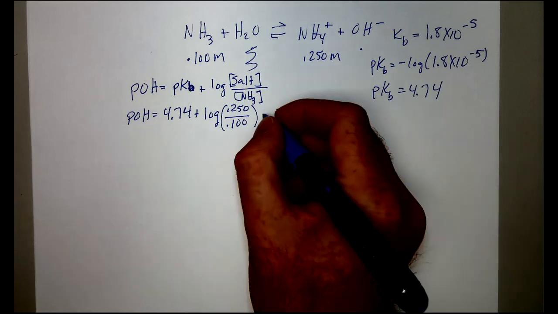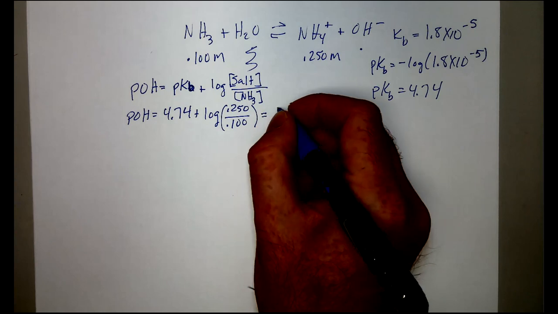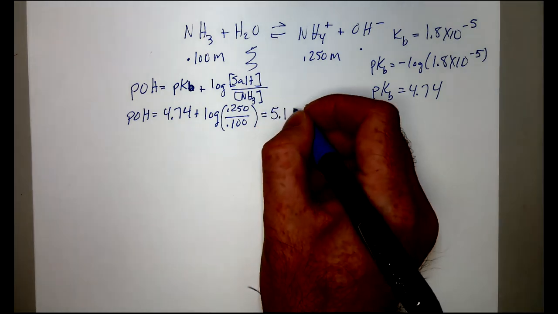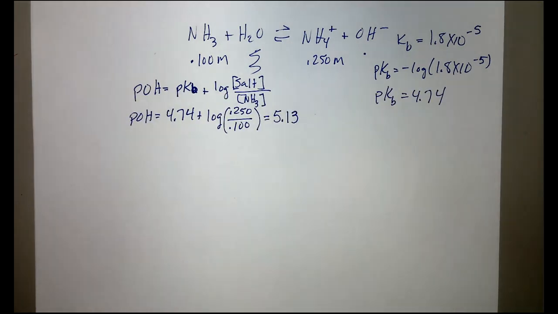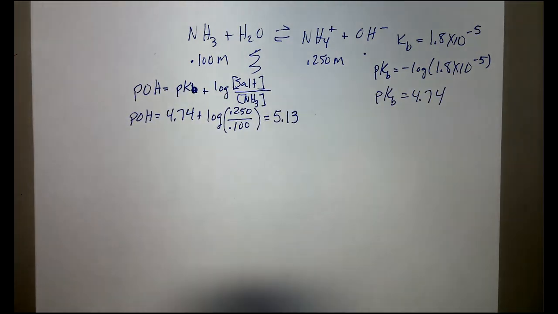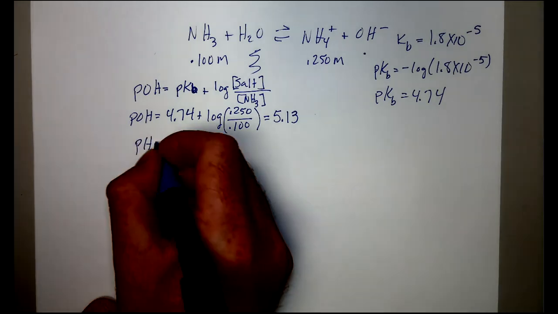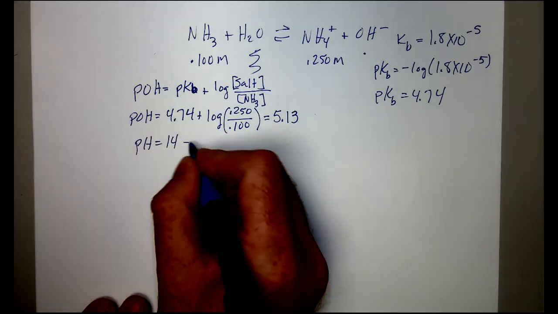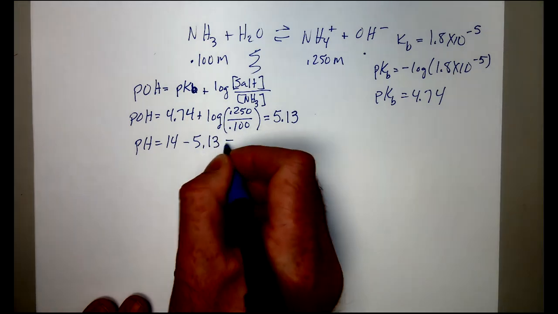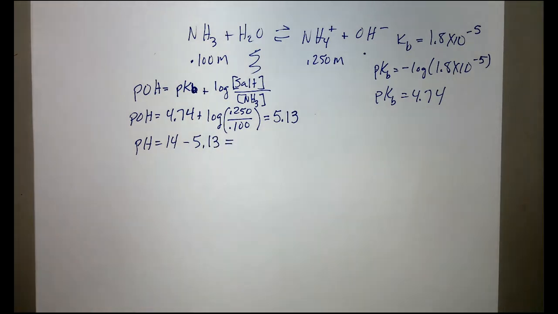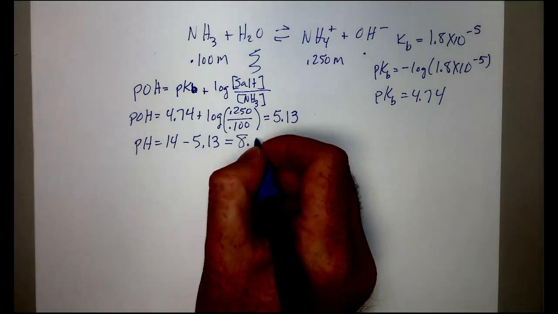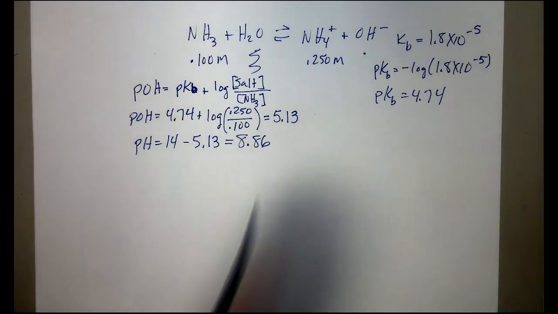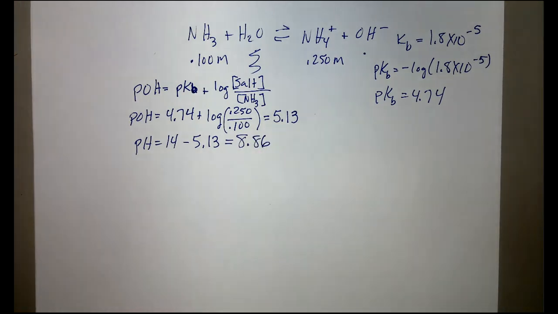And so we've got 5.13 as the pOH, which means it's slightly more acidic. And so the pH of that buffer is going to be 14 minus 5.13, and that's going to be 8.86. And so that would be the pH of that particular solution.